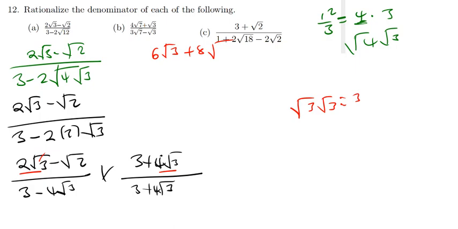Or maybe you don't understand why we do that. That's good. So root of 3 times root of 3 is just 3. Then negative root of 2 times 3 will give me 3 negative root of 2.